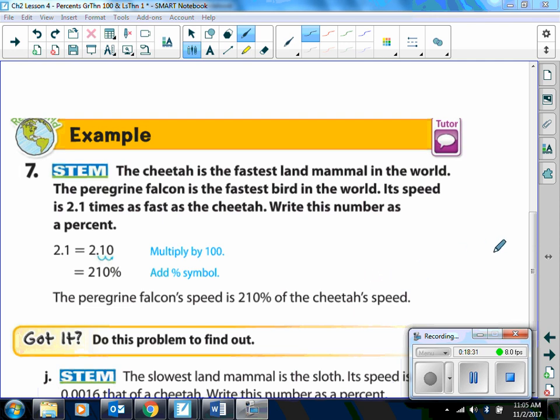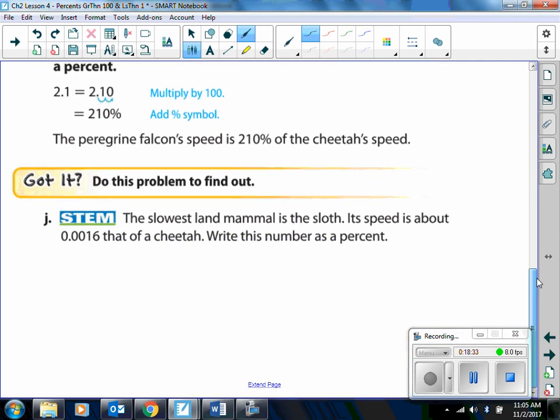Okay? So here, the slowest land animal is the sloth, right? Its speed is about 0.0016 of a cheetah. We want to write that number as a percent. So we're going to start with 0.0016.